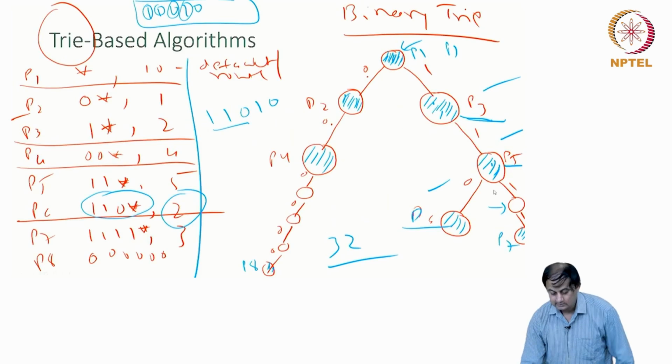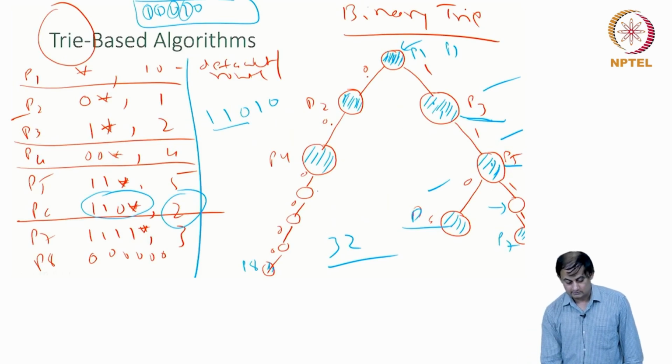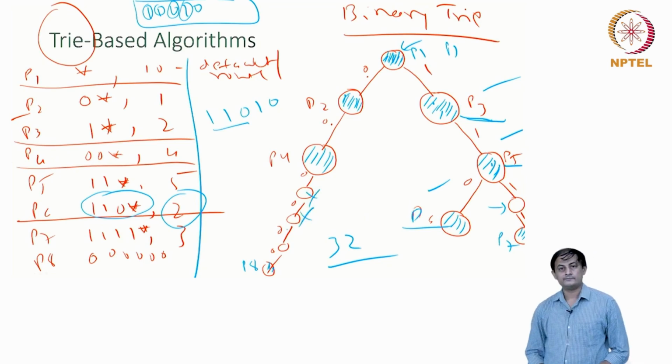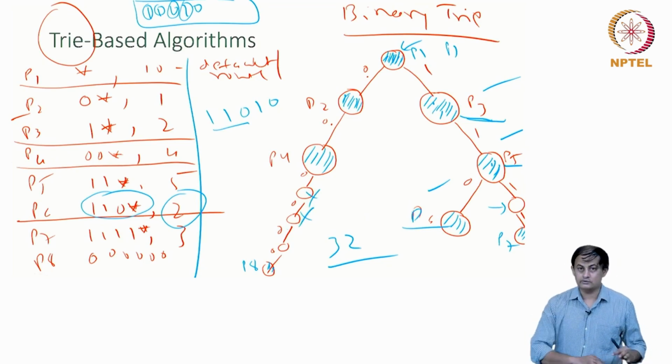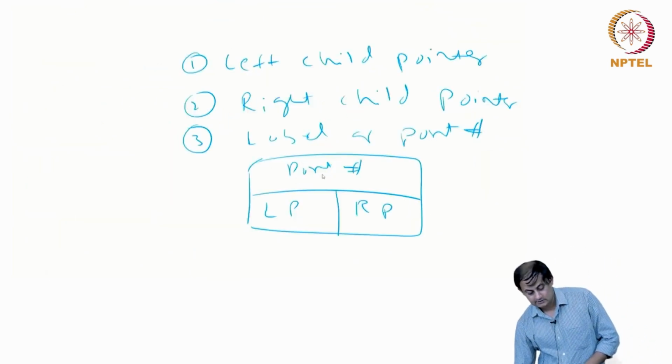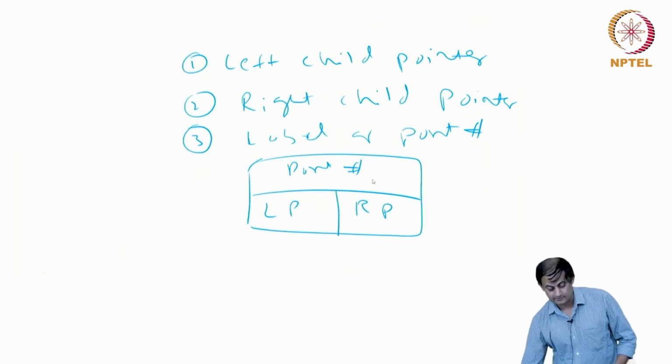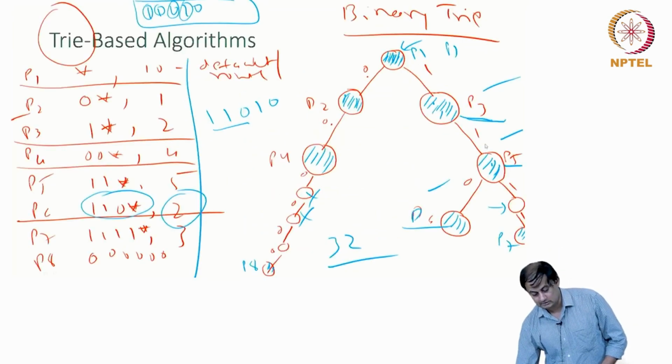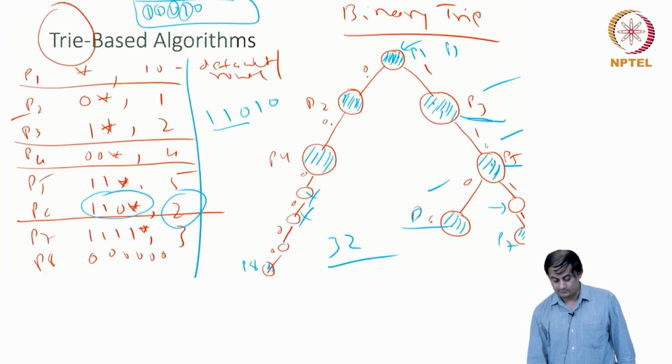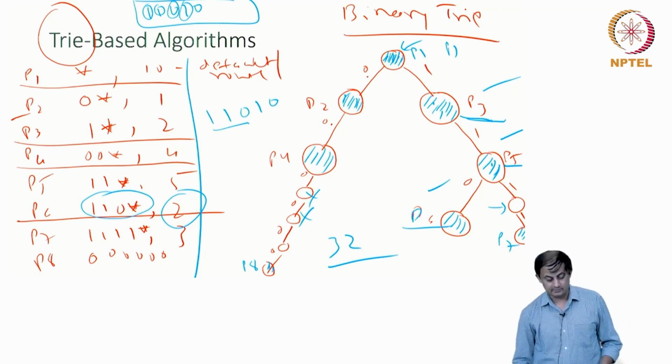For example, any node which is not marked, here this node is not marked and this node is not marked, need not have this port number information. Only the nodes which represent some prefixes will have this port number information.